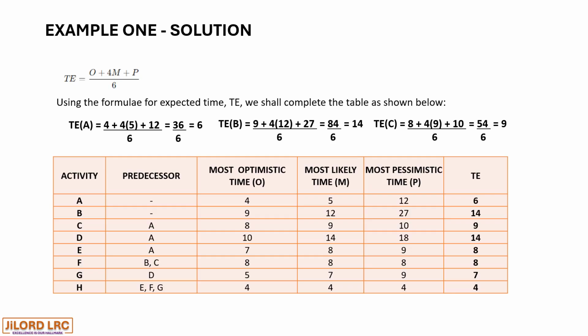So the formula is used to calculate for the others and the results entered into the table. So this is what the table looks like, and the values of the expected time have been entered accordingly. Let's move on to the next slide to draw the PERT network diagram.